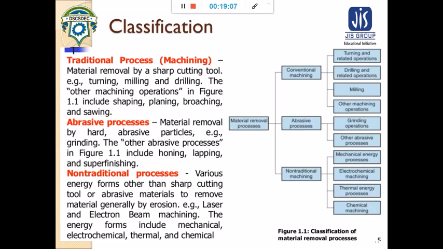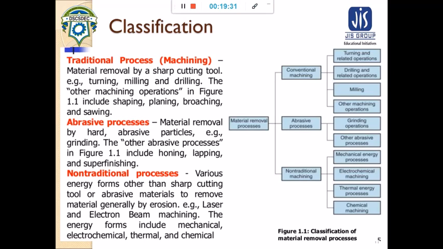Now we will see the classification. The material removal process can be classified in three terms. First one is conventional process, next is abrasive process, and third one is non-traditional process. In conventional process, the material is removed by a sharp cutting tool.